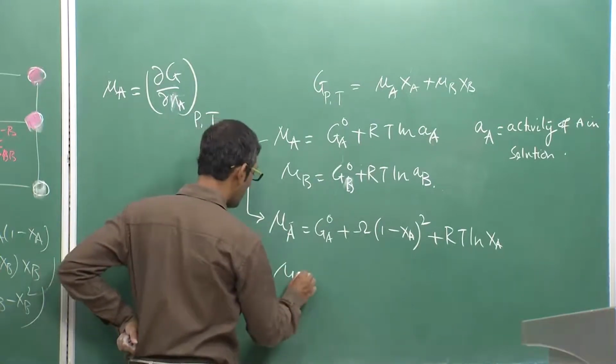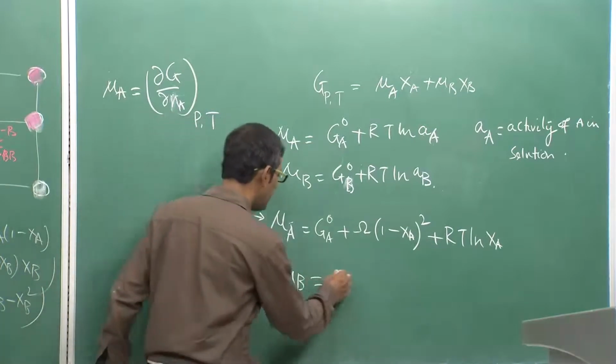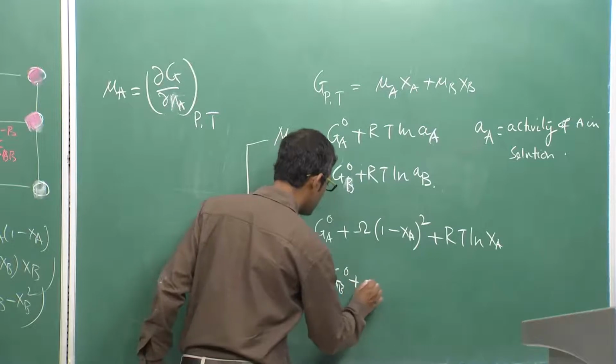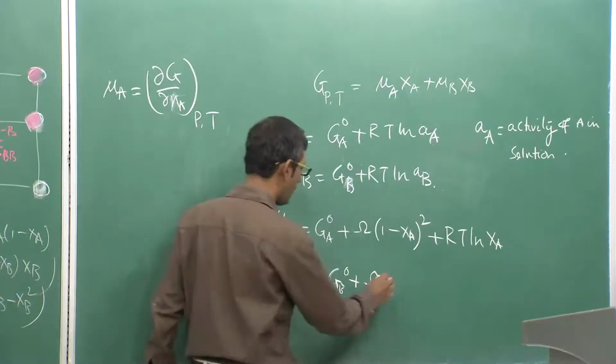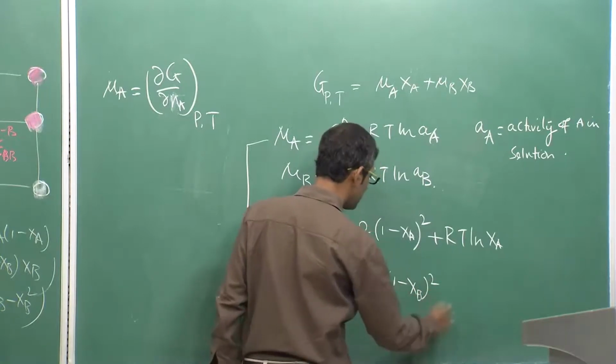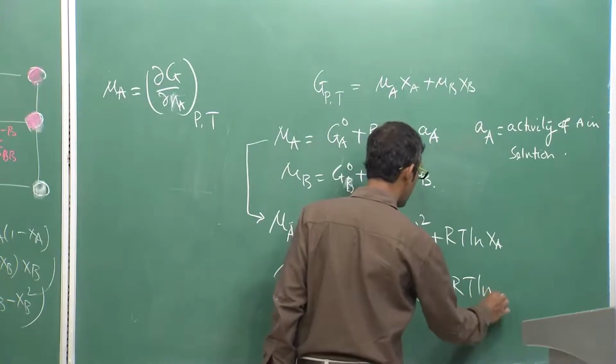Similarly, I can write the chemical potential of B as GB0 plus gamma (1 minus XB) whole square, plus RT log of XB.